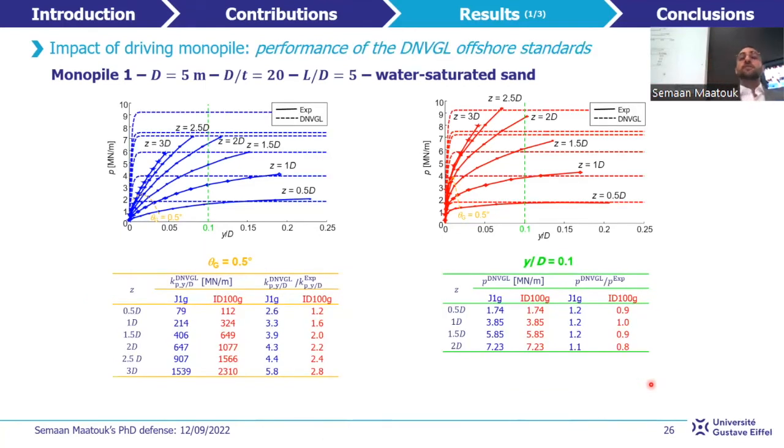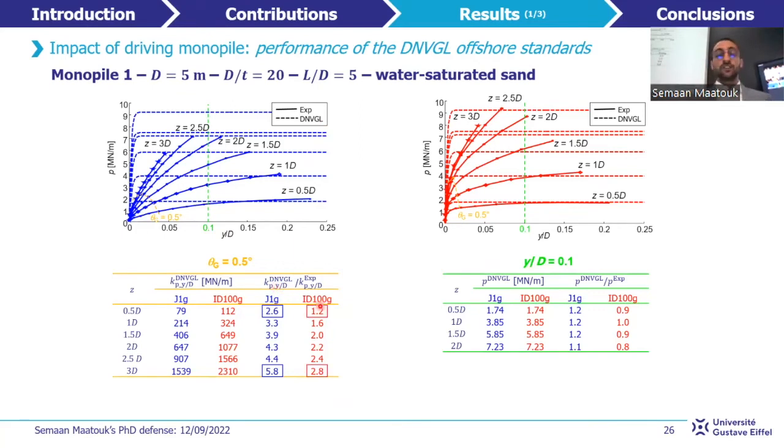To evaluate the performance of the DNVGL offshore standards, the experimental P-y curves for both tests are compared with the DNVGL standards, presented as dashed lines, in terms of secant stiffness at theta g equal to 0.5 degree and lateral resistance at Y equals 0.1 D. For the G1G test, the DNVGL predicted stiffness values 2.6 to 5.8 times greater than the experimental ones.